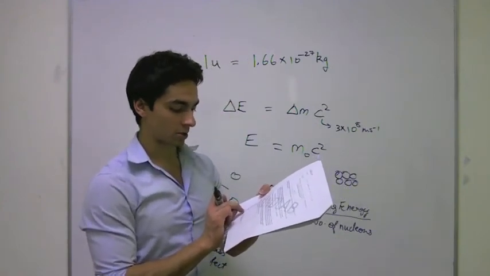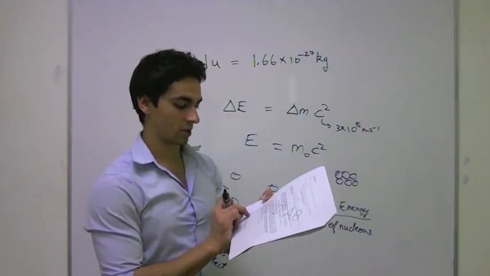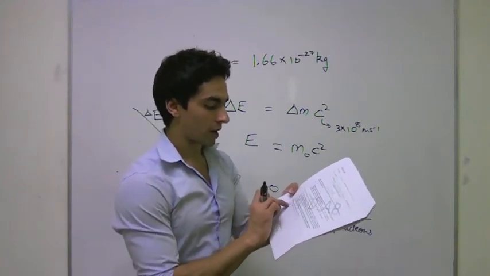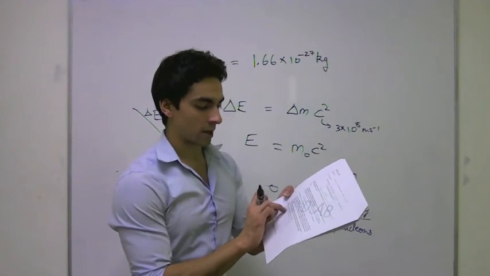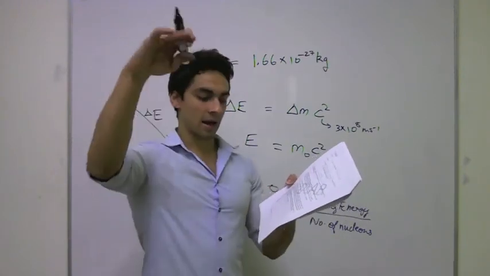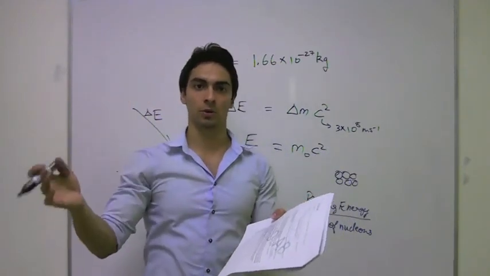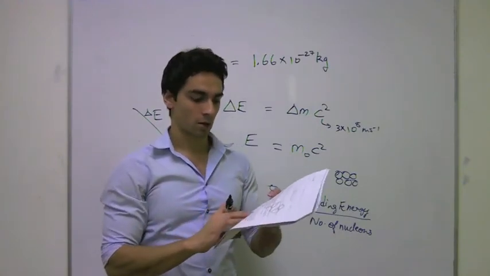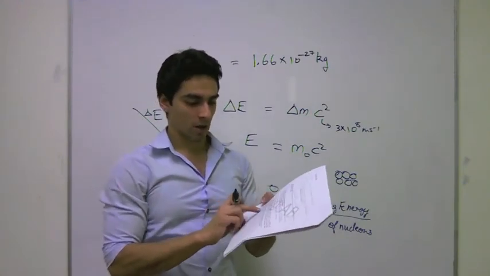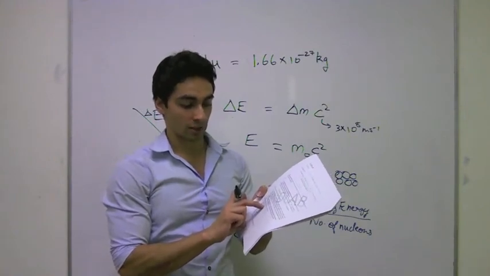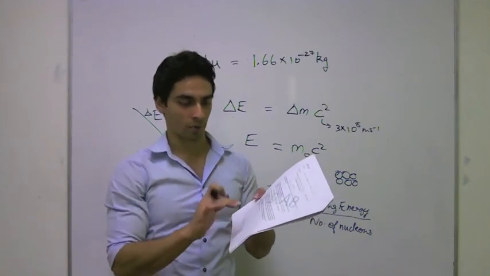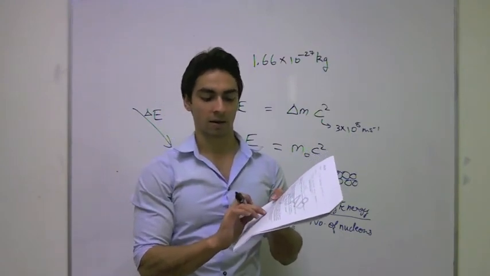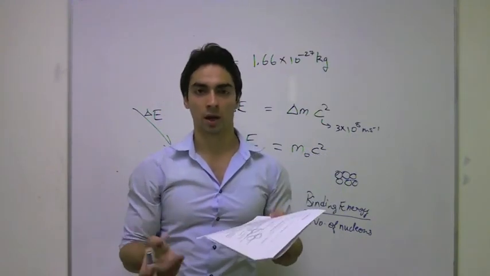You have hydrogen, deuterium, helium-3, tritium, and it keeps on increasing until iron. Iron has the highest binding energy per nucleon, which means that it is the most stable nucleus. Now, after iron, it goes on decreasing again, but not at such a sharp rate, until we reach the higher end nuclei like uranium-238, etc.